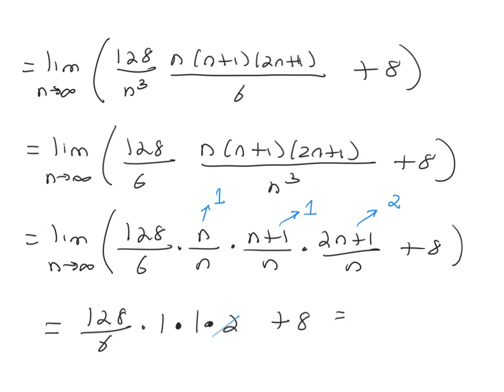I know 2 goes into 6 3 times, and 3 does not go into 128. This is 128 over 3 plus 8. As a single fraction, this is 152 over 3, and that is the exact answer for the area under the curve represented by the definite integral.